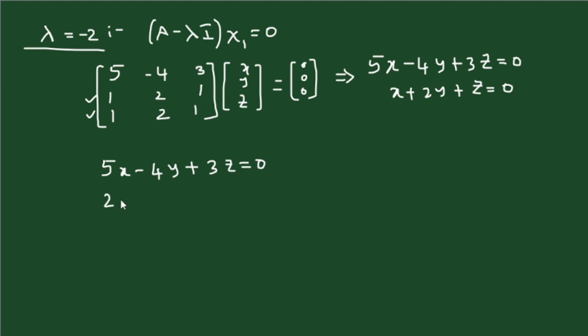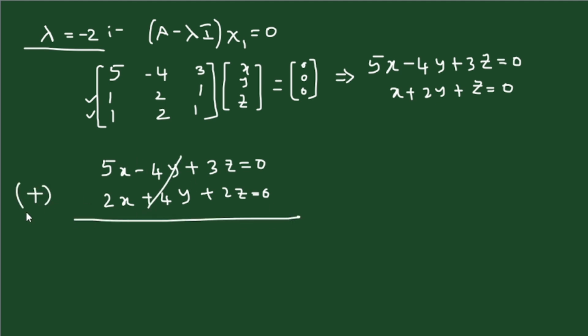Multiply the second equation by 2 to get 4y here. You will get these two cancelled if you add. It is 7x plus 5z equal to 0. 7x equal to minus 5z. So x equal to minus 5z by 7.